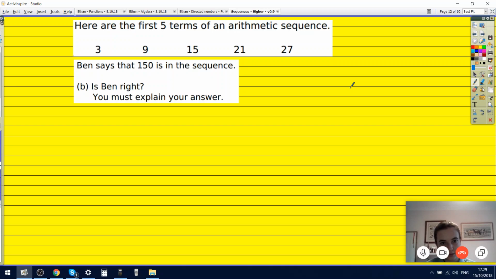Oh wait, it has to be a multiple of 3. Is it a multiple of 3? Yes. So does that mean it's in the sequence? Yes.